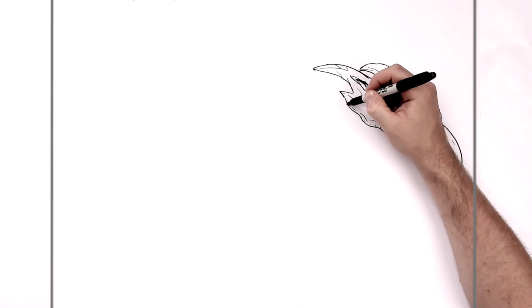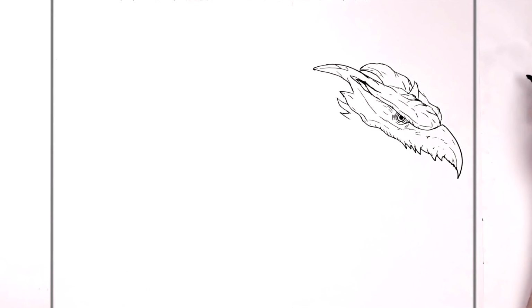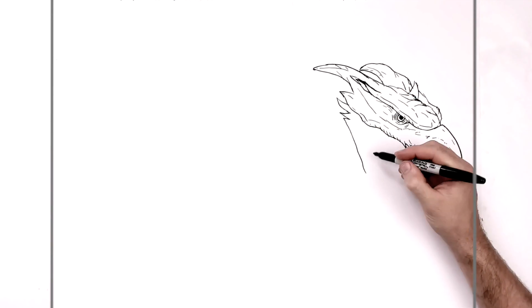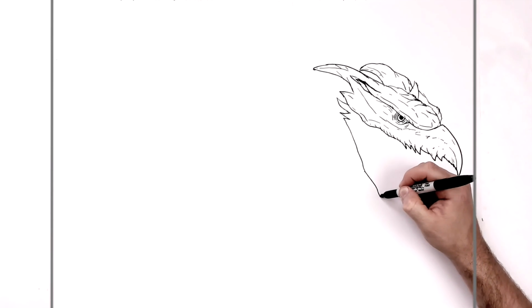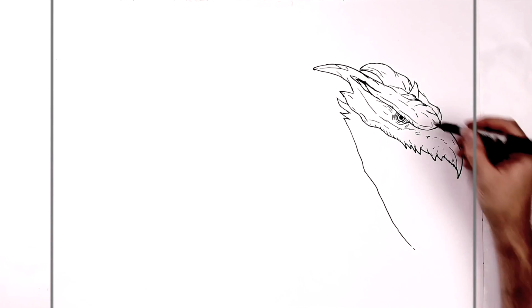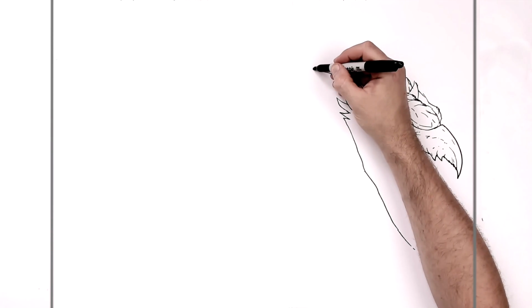Okay. So then his bottom jaw. We've got various spikes here on the bottom jaw, bones sticking out of his face, and then the bottom jaw will come down, a bumpy line down that way. So a real big line there.